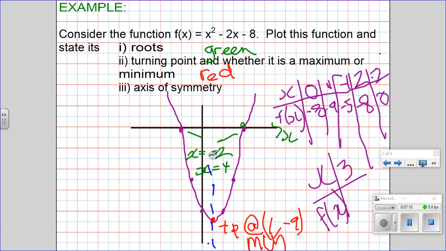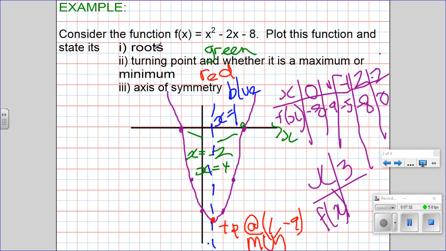Your axis of symmetry is a completely vertical line, and any vertical line we know is always x equals, and here the vertical line on the x-axis is x equals 1.